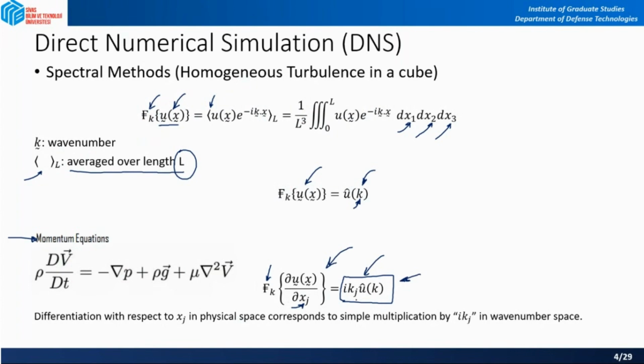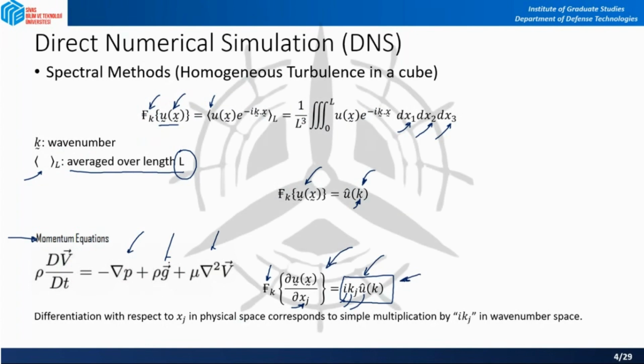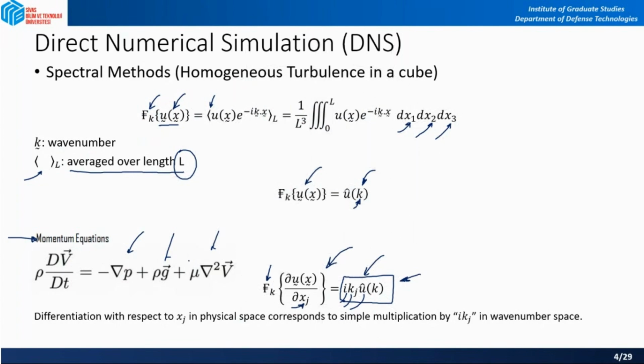I have only a multiplication of three numbers: i, k, which is the wave number, and the Fourier mode uk. Therefore, if I continue to apply this operator to all the terms in the momentum equation, which is originally a partial differential equation, it will be very much simplified, and you will get a much simpler equation, which is just an ODE, an ordinary differential equation.